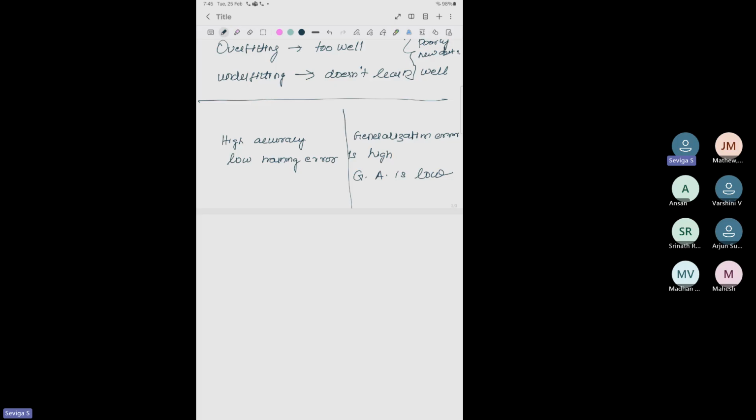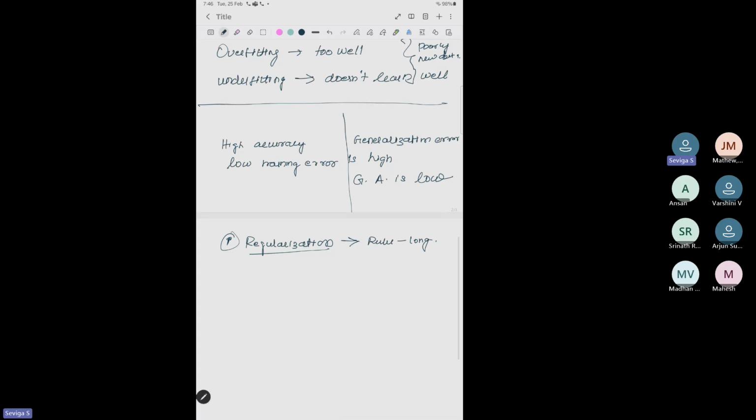So there are two actions to control overfitting. The first one is regularization. Regularization means keeping the rules as general as possible and for as long as possible, so that we can avoid slipping into the memorization process.